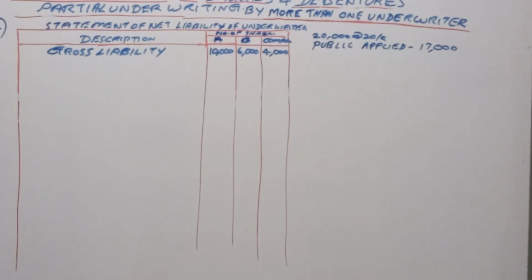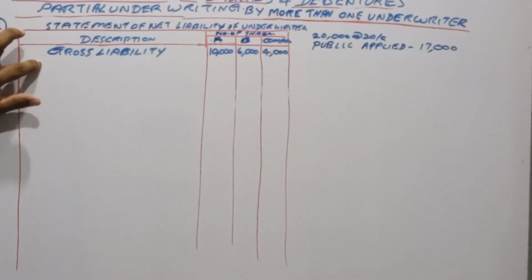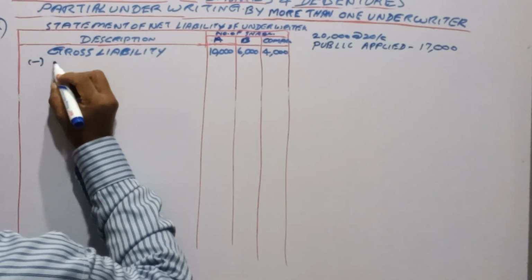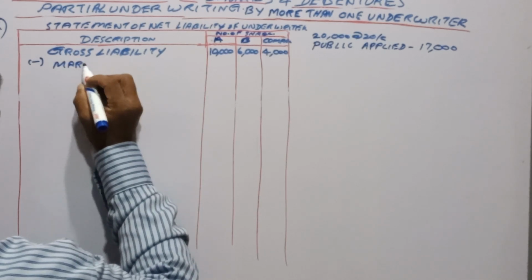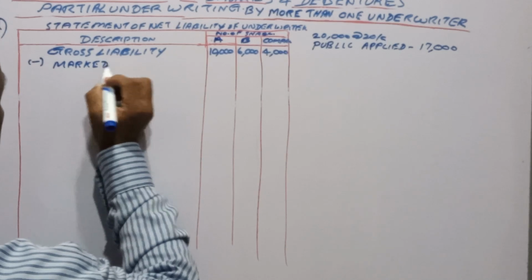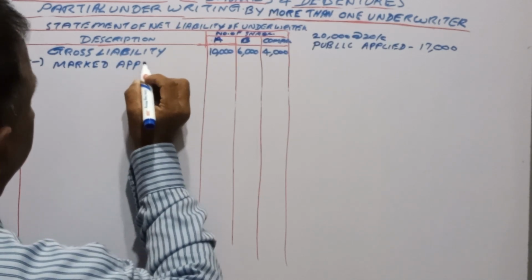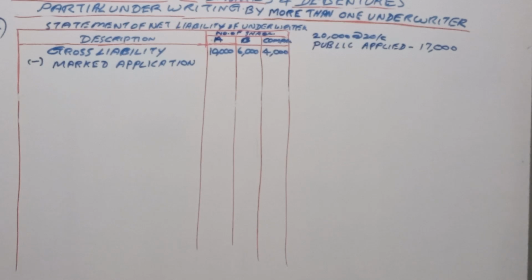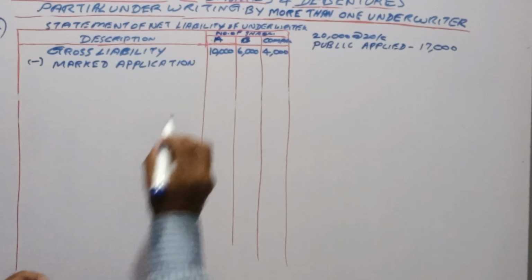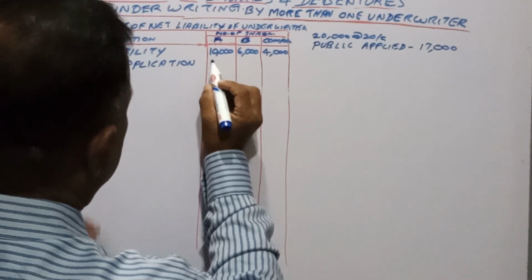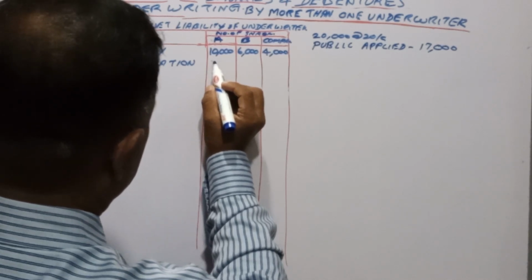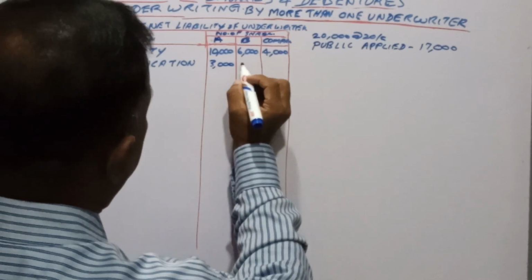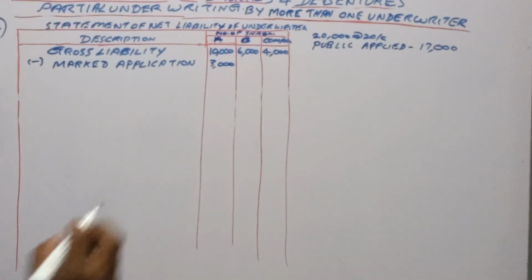Less marked applications: A 3,000, B 2,000.